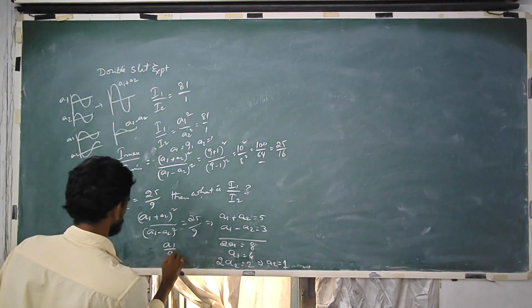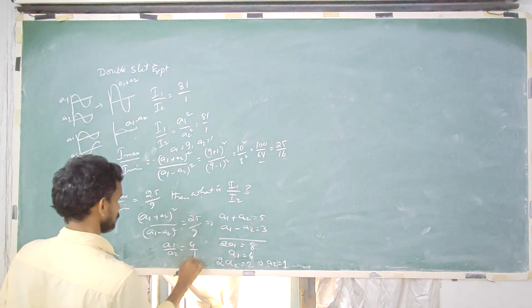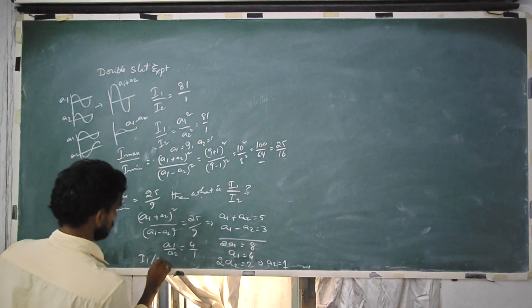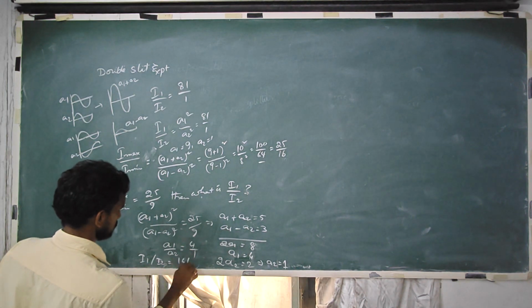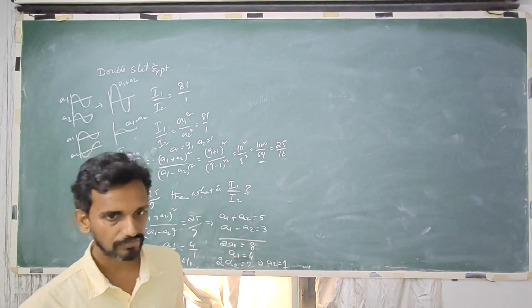So A1 by A2 is 4 by 1, or I1 by I2 is 16 by 1.